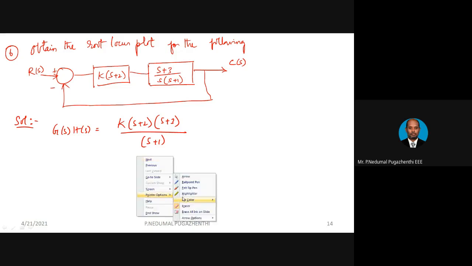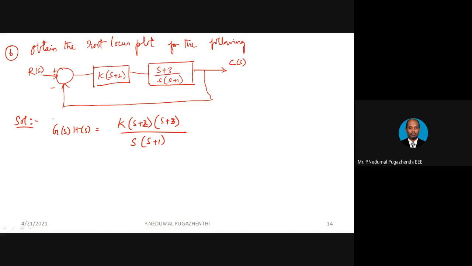Okay. So in what way is this going to differ? Yesterday at the end of the lecture, I told you that if you have the same number of poles and zeros, you have a problem in finding the asymptotes and the centroid. It has to be clearly seen that the number of zeros and poles are equal here.